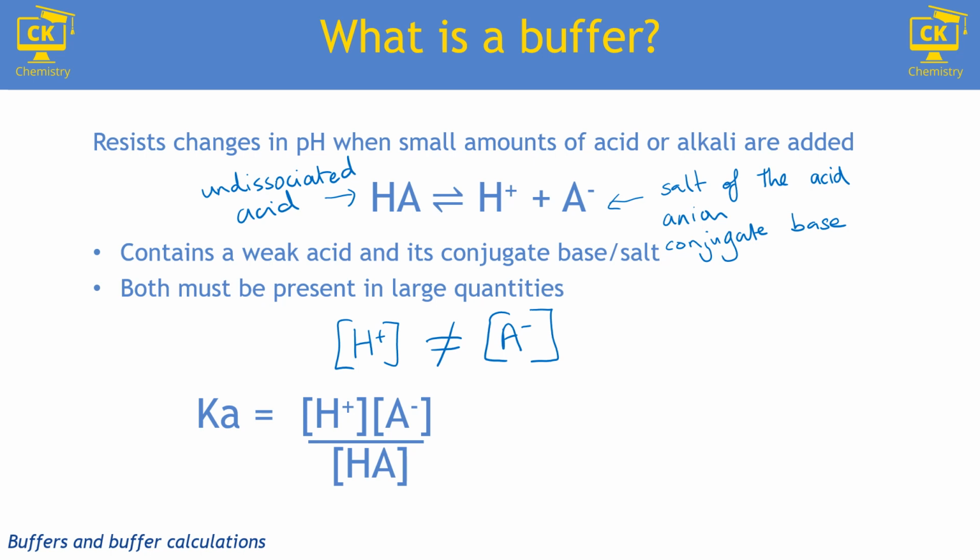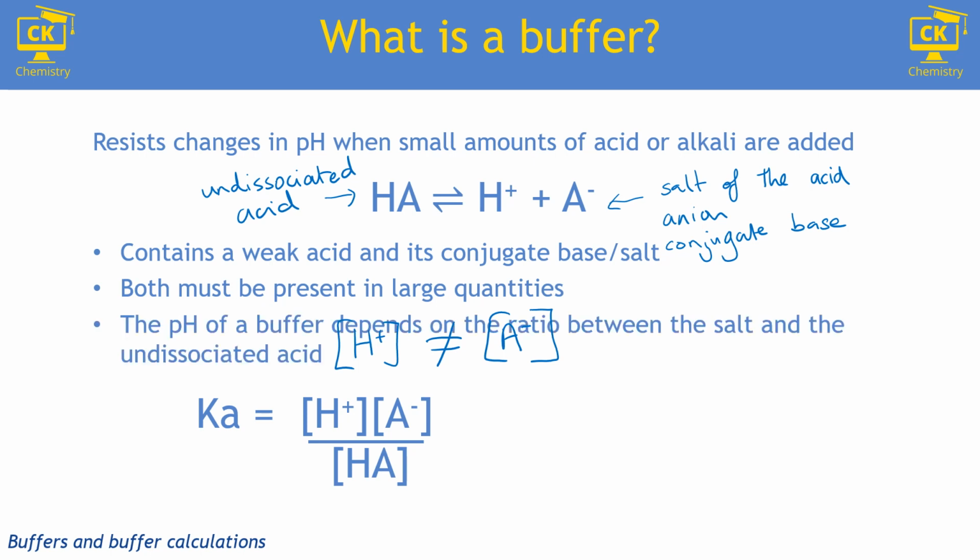When we do the calculations, we can write it out like that, and we know that the square brackets equal concentration. However, for the purposes of these calculations, the pH of the buffer depends on the ratio between the salt and the undissociated acid.